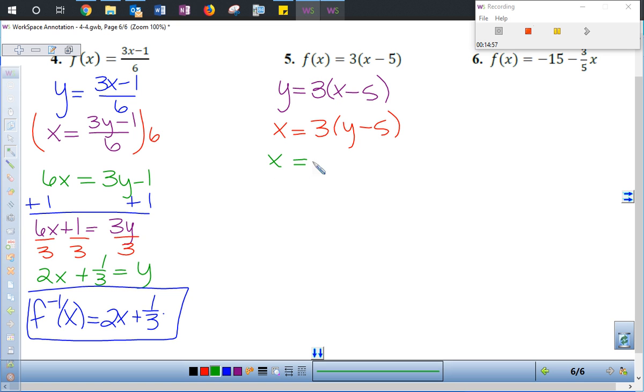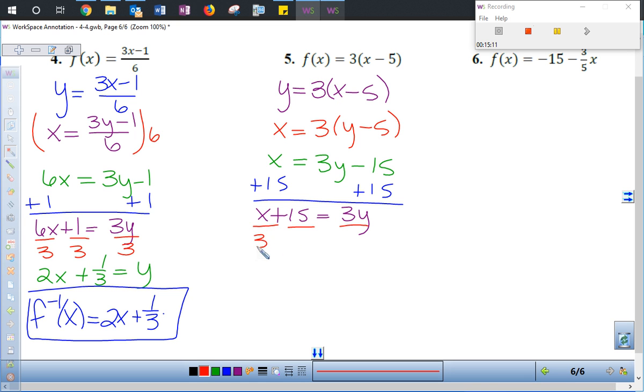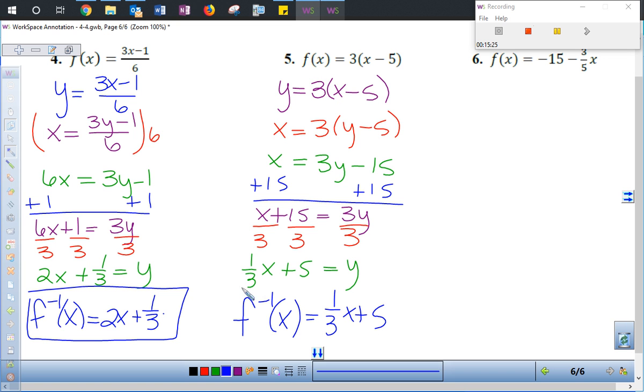So we'll start by distributing, adding 15 to each side, dividing each term by 3, and we're left with 1/3 x plus 5 equals y. So f inverse of x equals 1/3 x plus 5.